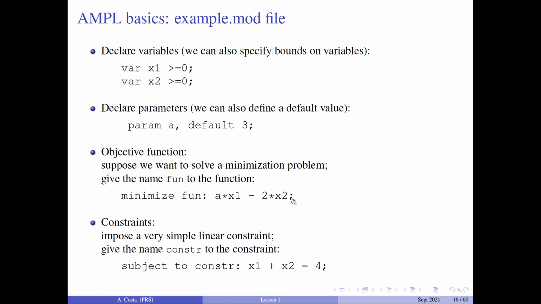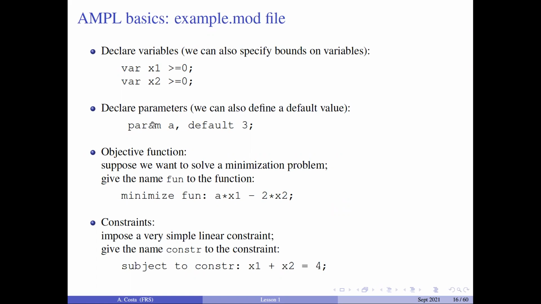Always end with a semicolon. For multiplication, you need to put the star. And you see here that we use the parameter A that is defined here. So we could have written 3x1, right? But imagine that this parameter changes for different instances. Then it's better to indicate it as A, and then every time we have a different instance, we have a different data file with a different number for A. But more or less, this is the idea, right?